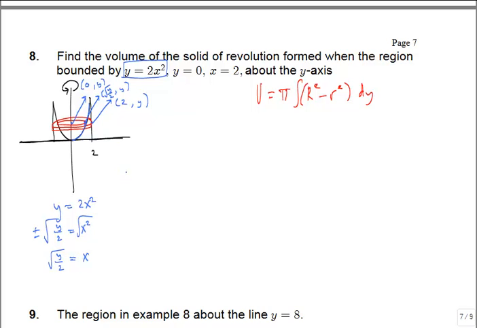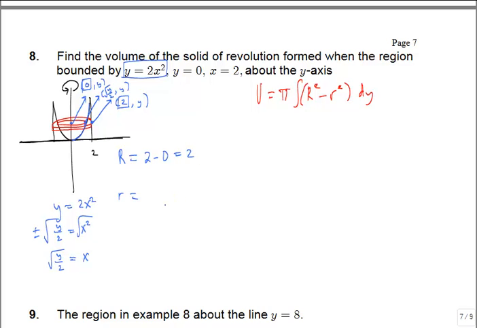Okay, so now that we have all 3 points, we're going to find big R and we're going to find little r. Big R will be the rightmost point all the way out to the farthest edge. So this point right here to your center. So this x value on the right minus this x value in the center. So 2 minus 0, which is just 2.